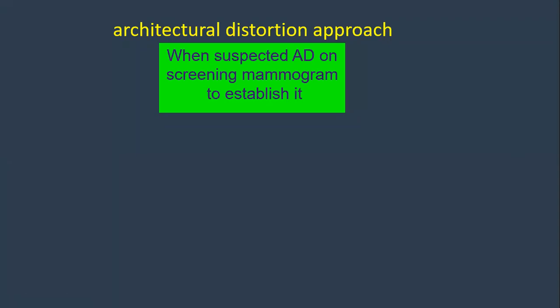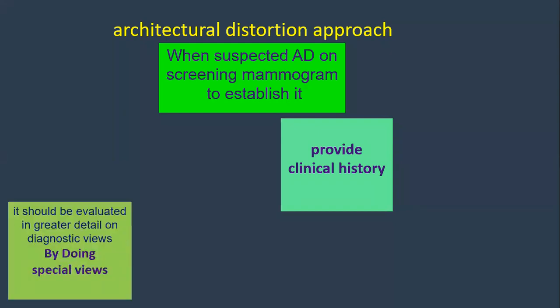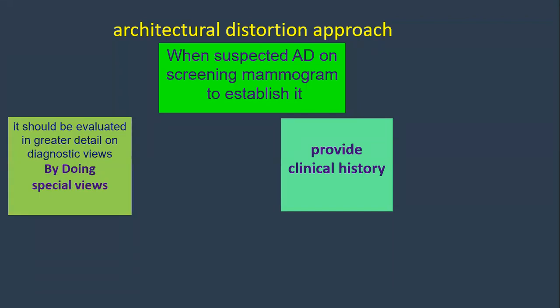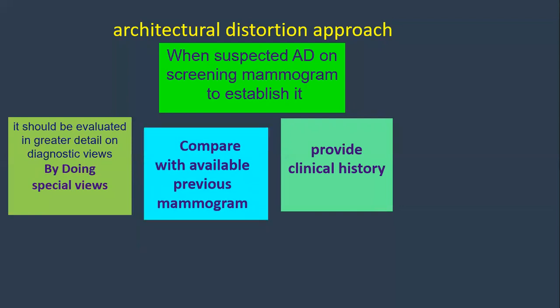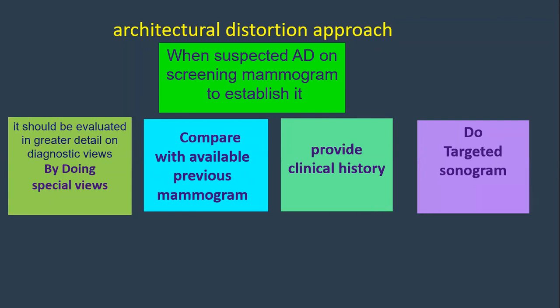So if you suspect architectural distortion on screening mammography, first of all, provide clinical history. The patient might have written something significant. She might have a palpable abnormality, she might have pain. Any clinical abnormality is essential. Then you should evaluate it in greater detail on diagnostic views with special views to make sure it is a real architectural distortion, compare it with the available previous mammogram, and then do a targeted sonogram.